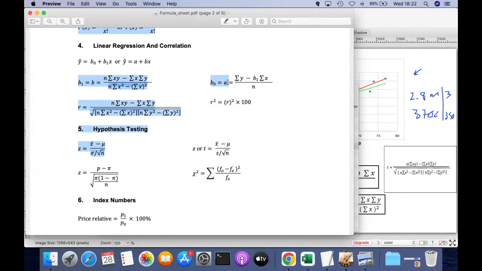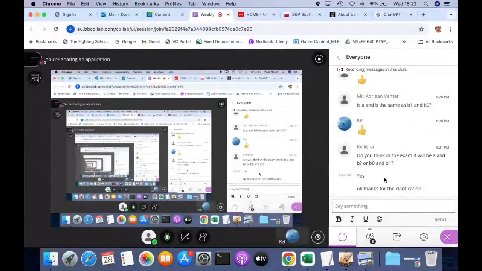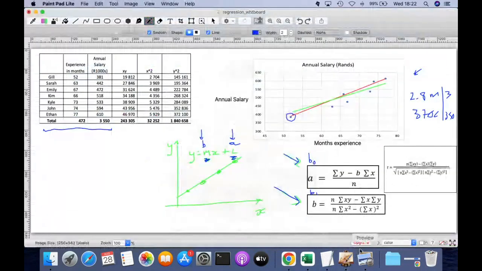If you look here, it is given as B1, but it also tells you B1 is B, and B naught is equal to A. This was a past formula sheet. It's likely they're going to be the same, but if not, just remember that B naught is your intercept and B1 is the slope. Krisha, does that answer your question? Cool, no worries.